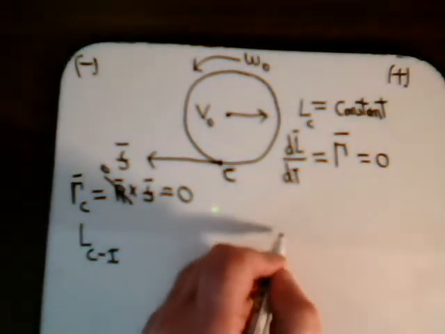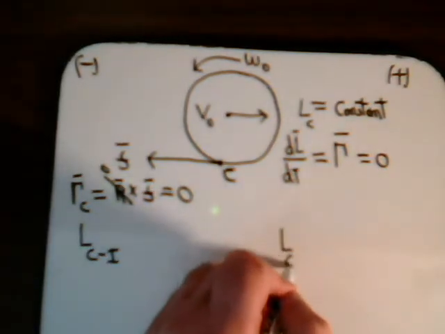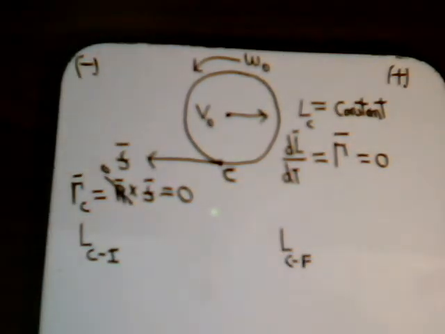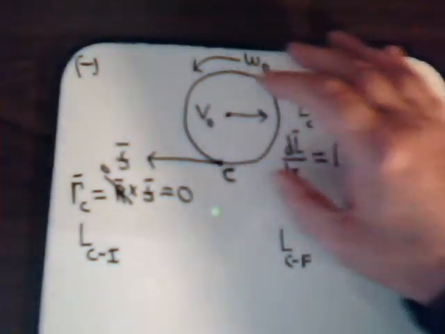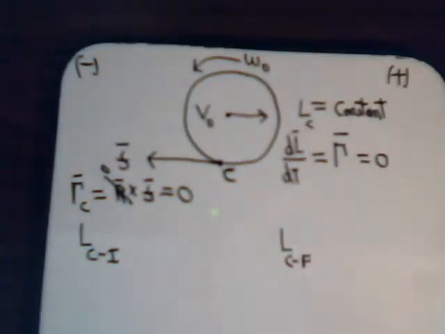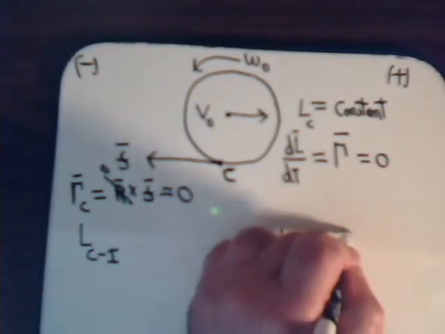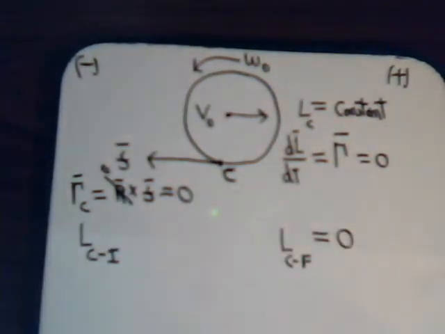And then we're going to consider angular momentum final. But we're considering now a scenario where the ball skids across the surface and then stops. So that means the final angular momentum is 0.